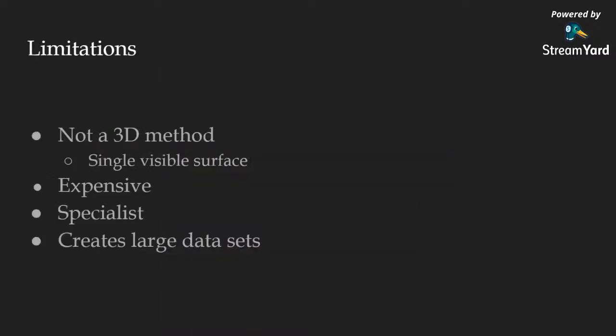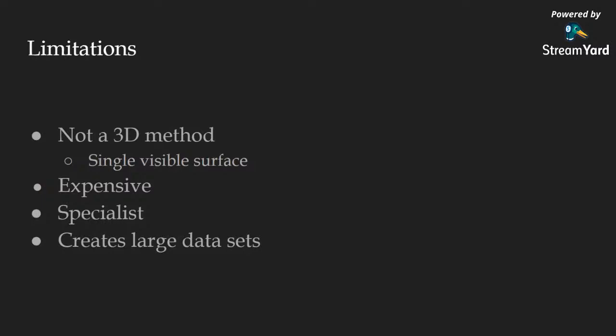So there are quite a few benefits to multispectral imaging. However, like we said, this is not a 3D method. It's really only good for single visible surfaces. It's also quite expensive, especially when you apply it to remote sensing.